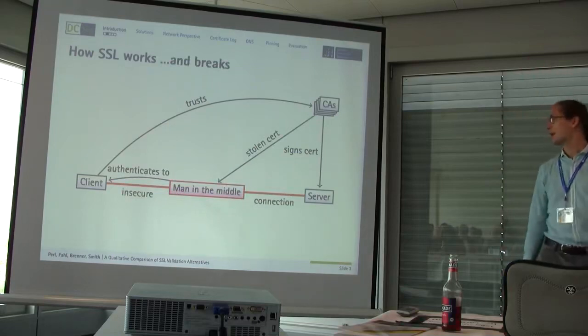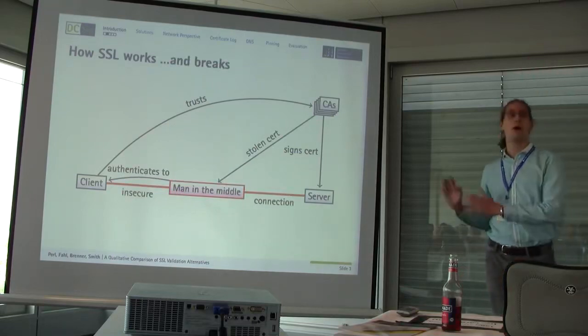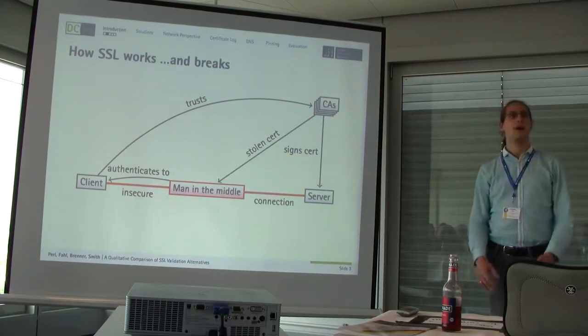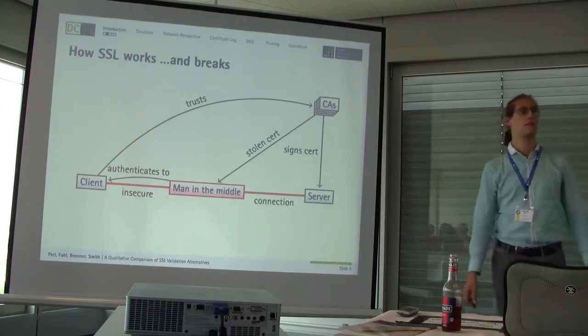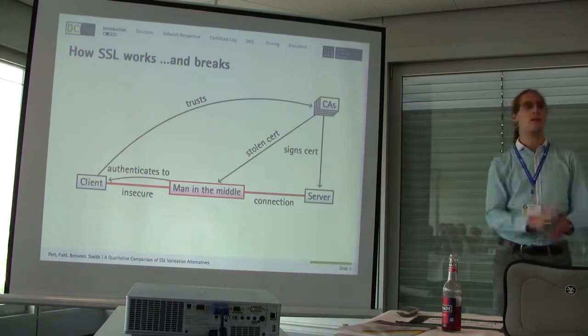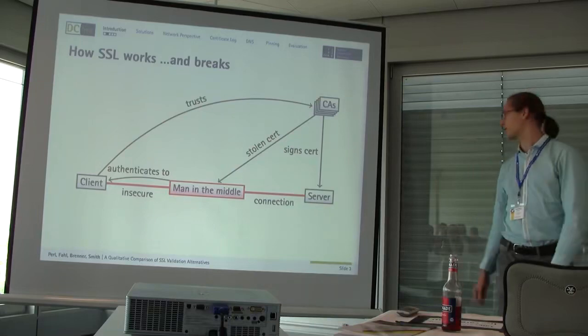What gets broken? Well, basically, why we need validation in the first place is because otherwise a man in the middle could just present any certificate to the client and then open up a separate connection to the server.